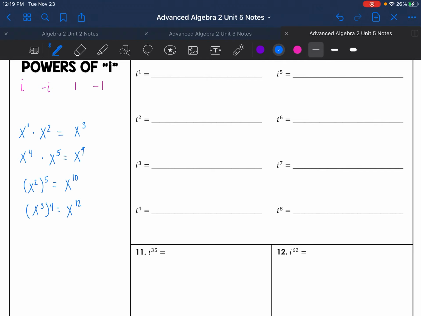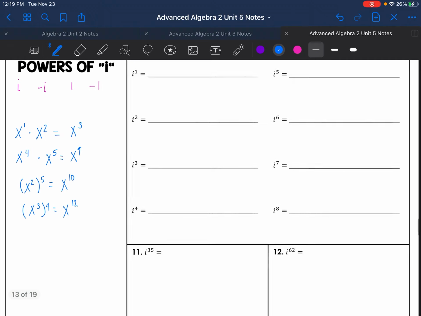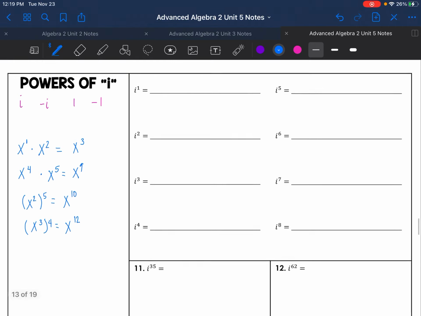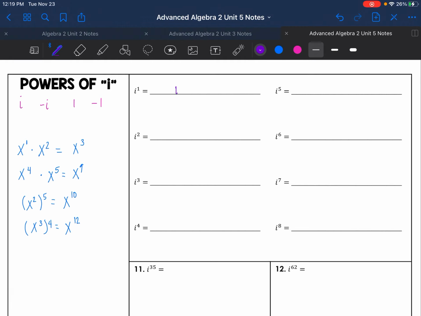We're going to use what you know about exponents and use what you know about i for this. Now, this is something a lot of people have a little trouble with, so make sure you're paying attention. So i to the first power, that's just i. And i squared, we know, is -1.